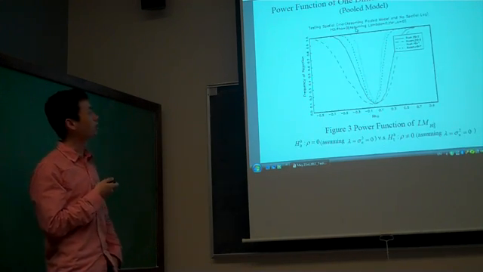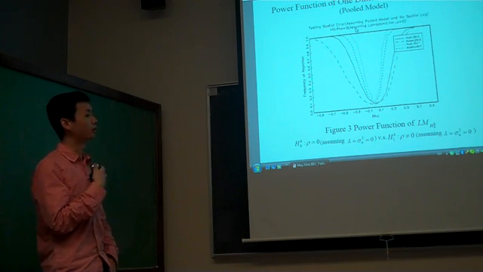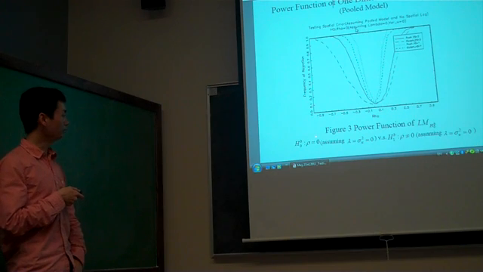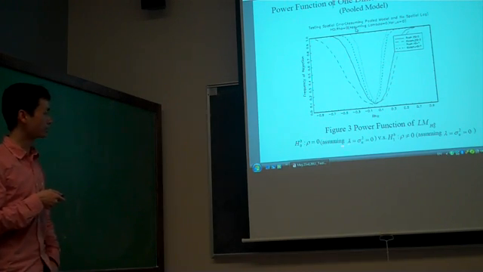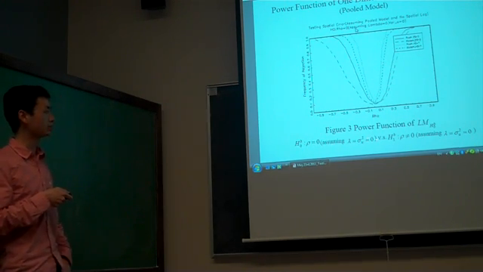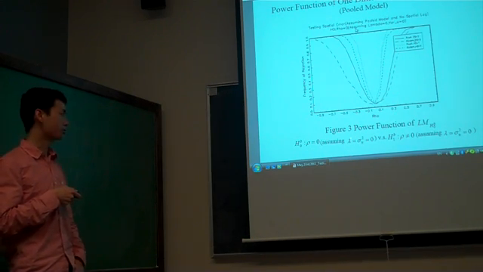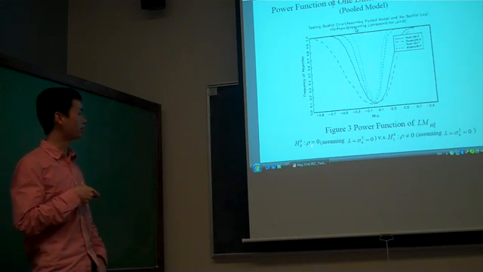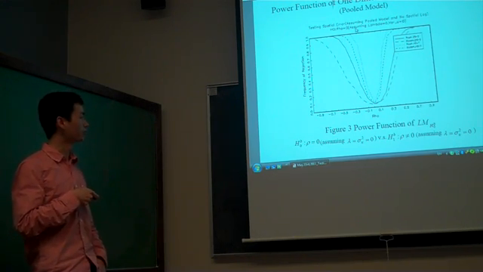Here, this is the power function of the one-dimensional marginal test, assuming the pool model. Our null hypothesis: first we assume this is the pool model, and then we assume there is no spatial dependent variable effect. We want to test whether there is spatial correlation in the error term or not.